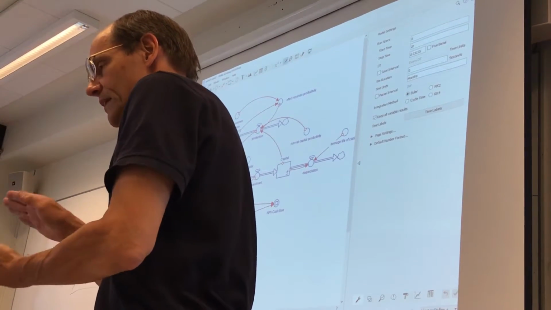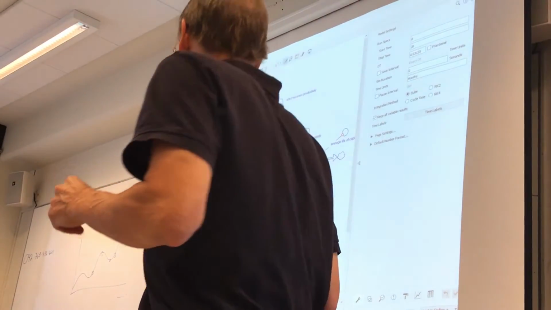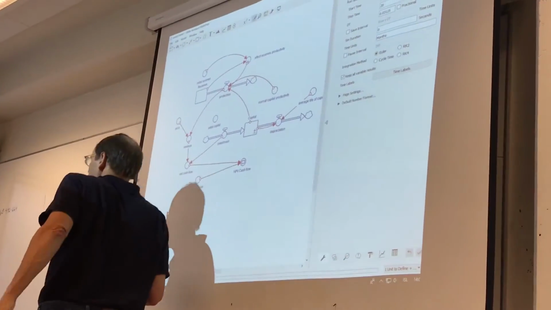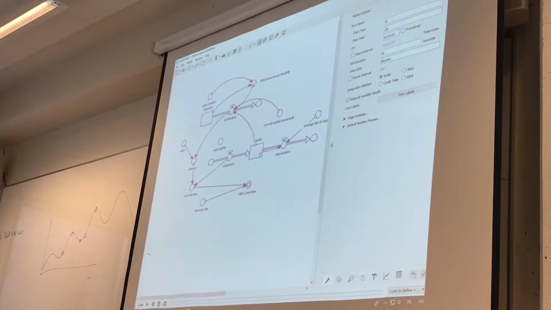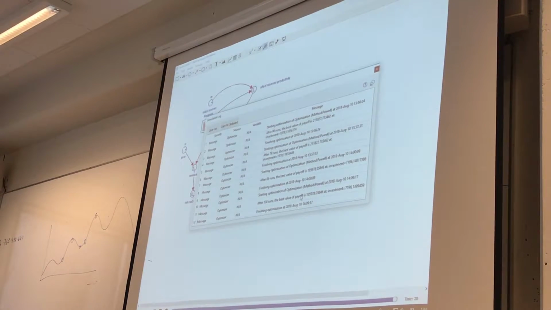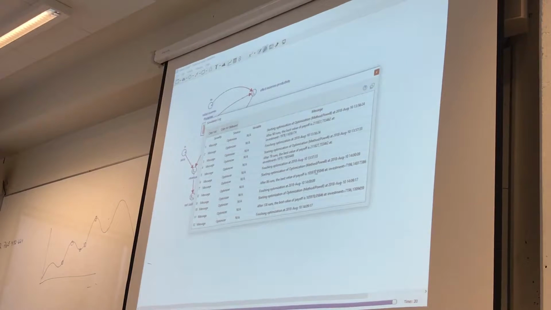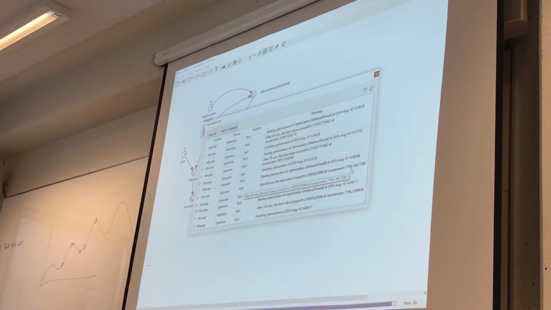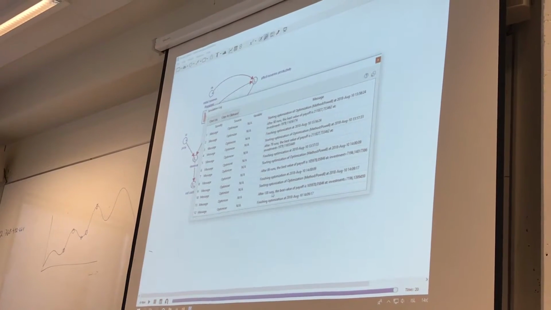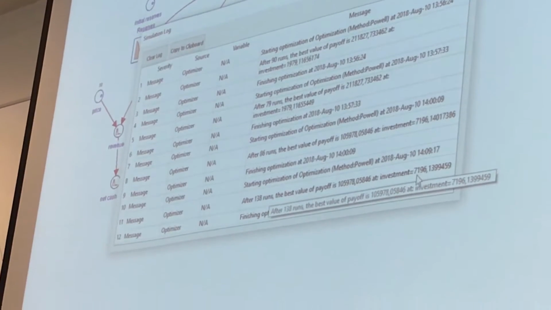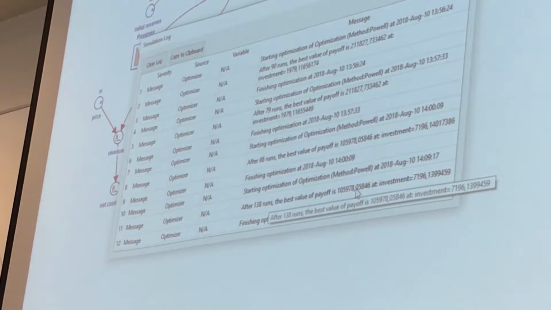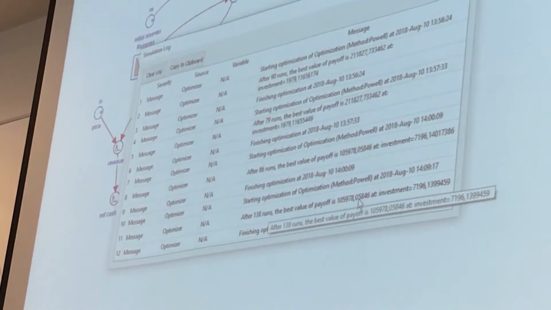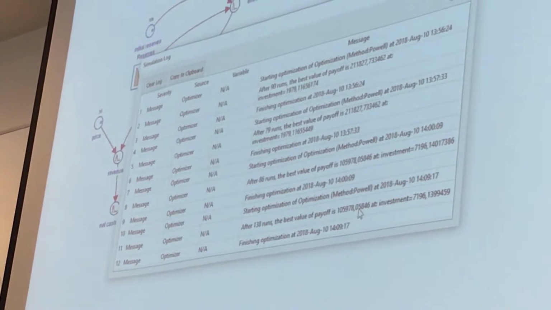If you optimize more than once on these models, we just run the optimization again. No changes. The first time it said 86 runs, investment 719614, and then it said 138 runs, investment 719613. You can see the payoff is just a tiny bit bigger. Actually, it's exactly the same, but tiny bit bigger in the decimals that aren't showing.